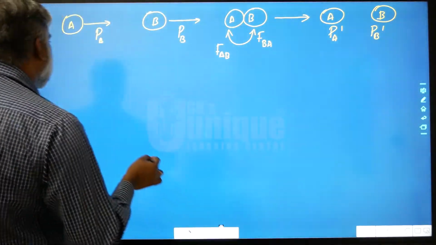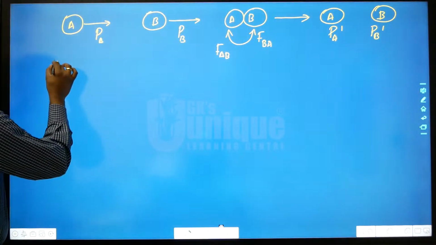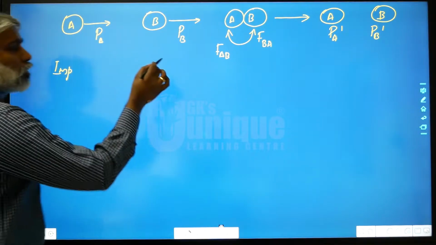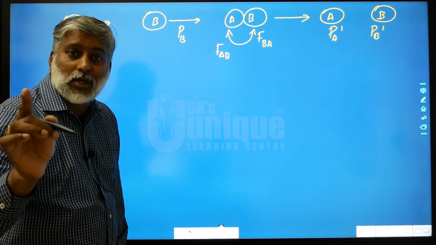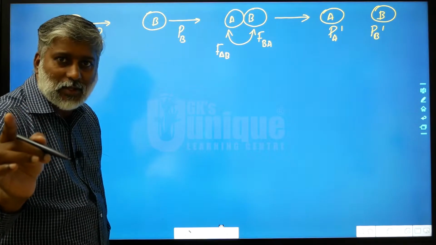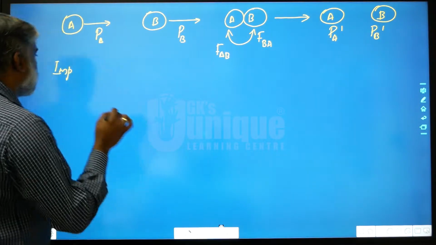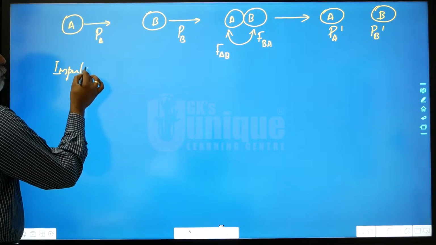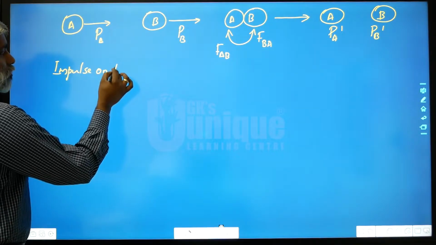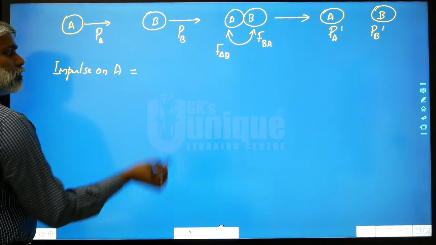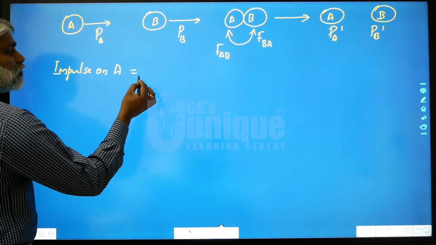Now listen. I want the impulse. The time of collision is taken as delta t. So what is the impulse on A? Impulse is equal to force into time.